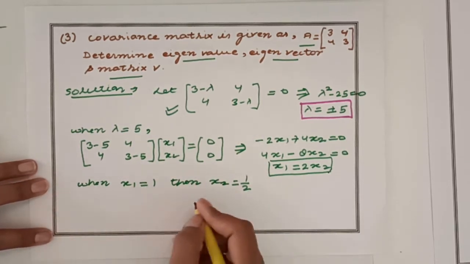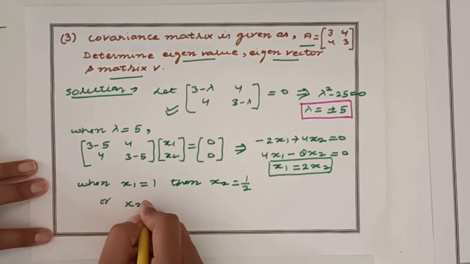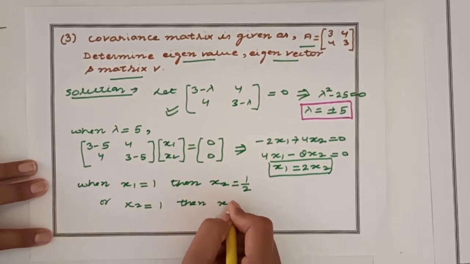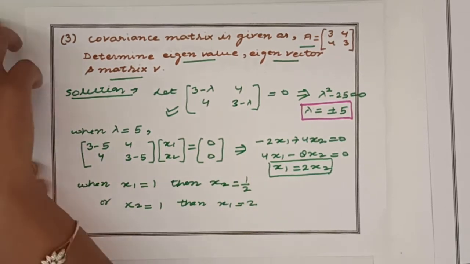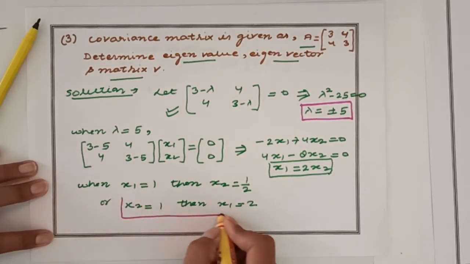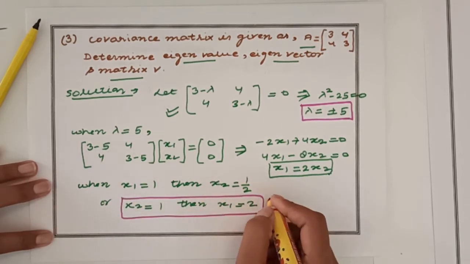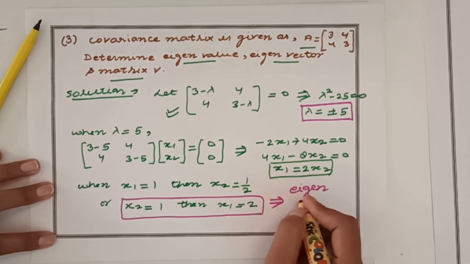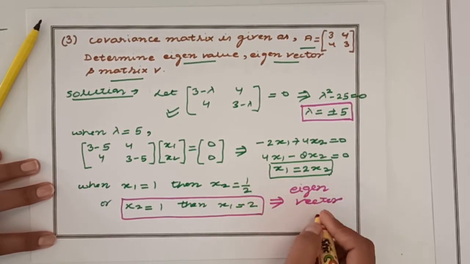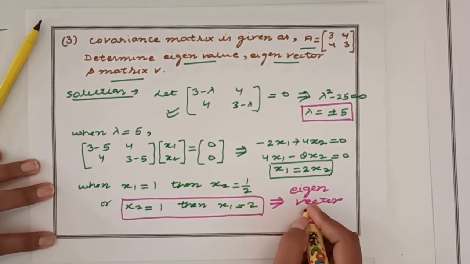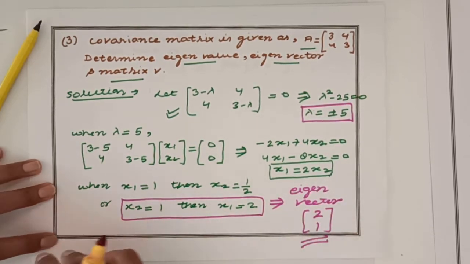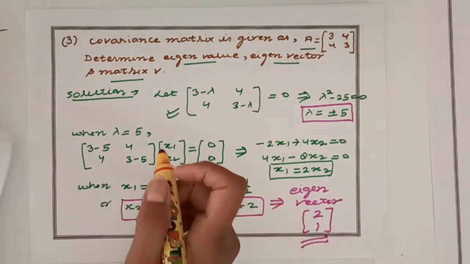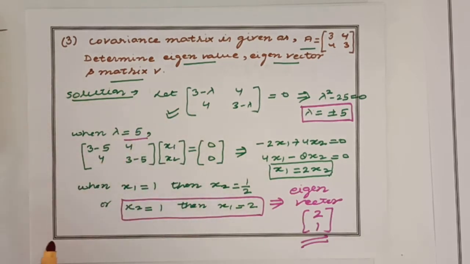Or x2 is 1, then x1 is 2. Anyway, you can write it down over here. So the eigenvector would be 2, 1. This is the case when you have simplified it for lambda equal to 5.